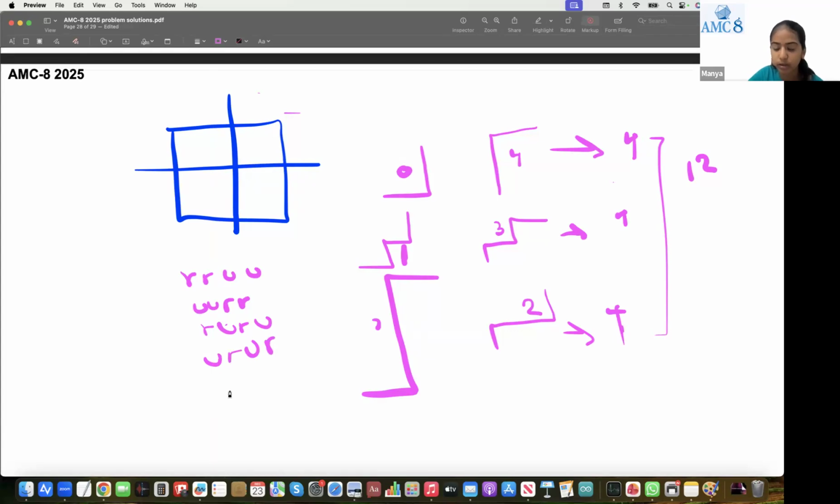There can also be right, up, right, and up, right. Sorry. Up, right, up. Okay, so there's these 6 possible paths, and now we have 4 letters, right?